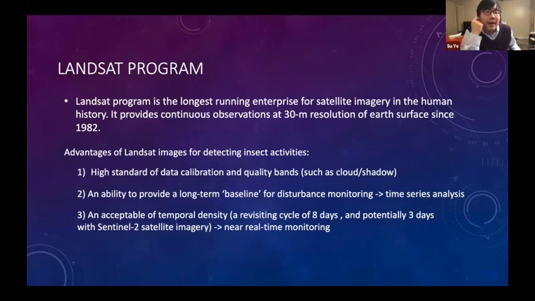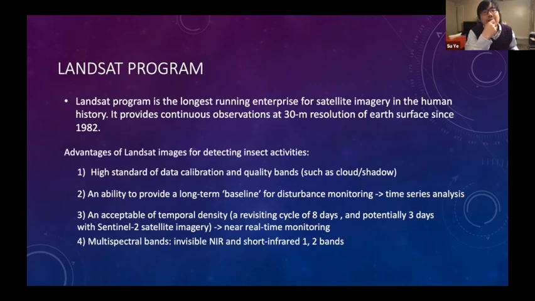But if we combine Landsat with another well-known, very similar satellite sensor called Sentinel-2, we can probably get a 3-day revisit cycle. So I think that's adequate for near real-time monitoring.